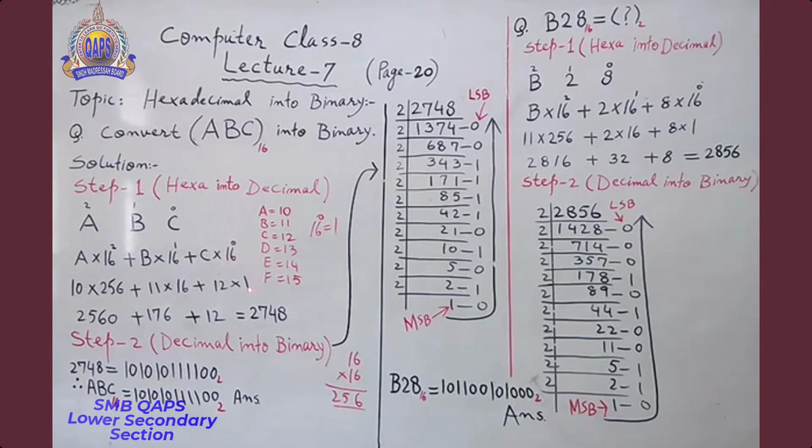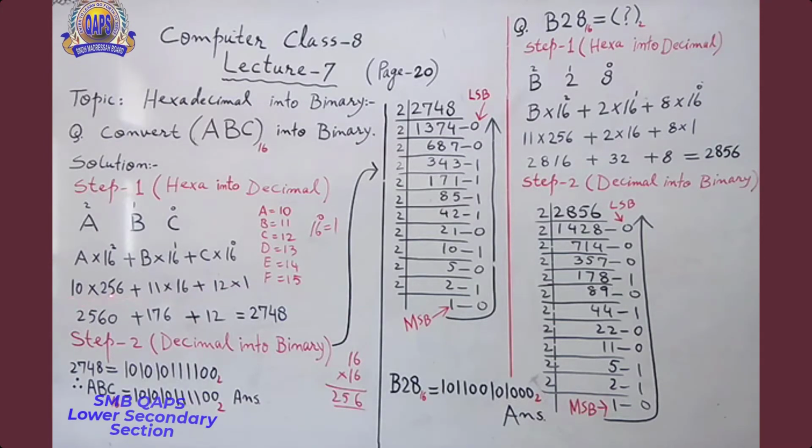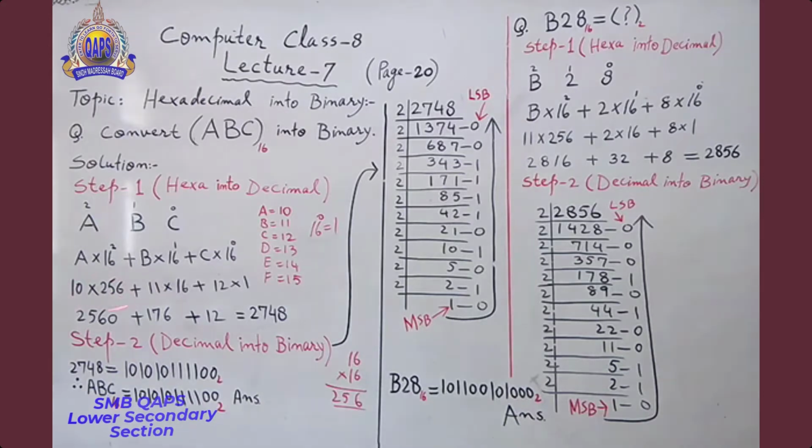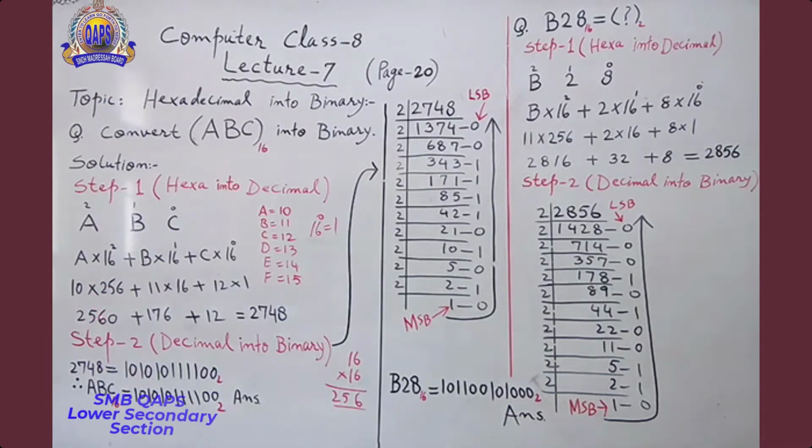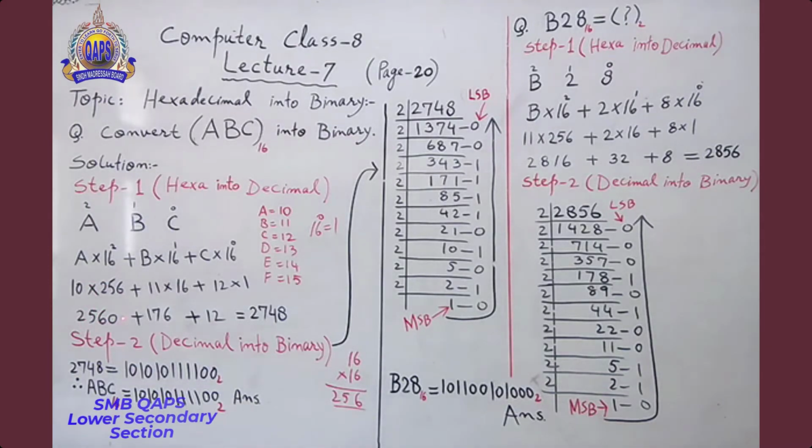Sixteen power 0 is equal to 1. So it will be 10 multiplied by 256 plus 11 multiplied by 16 plus 12 multiplied by 1. Now multiply it. This thing 256 multiplied by 10 will be 2560.